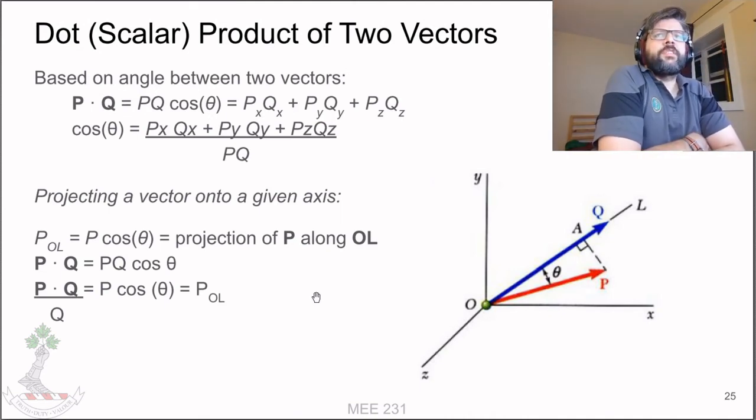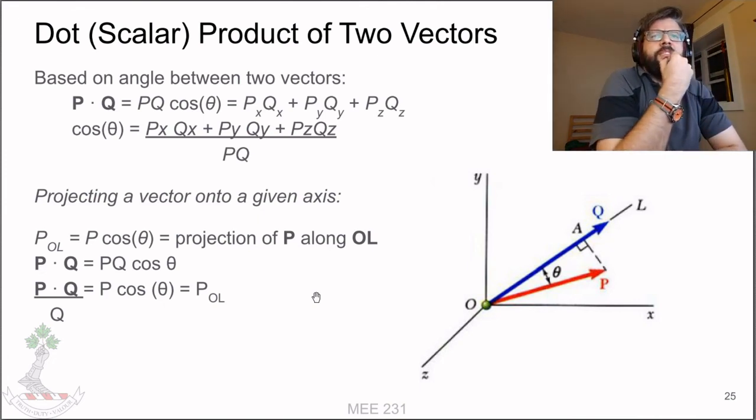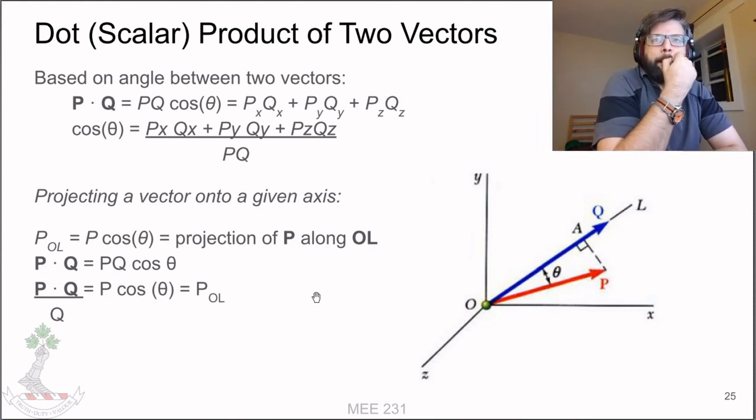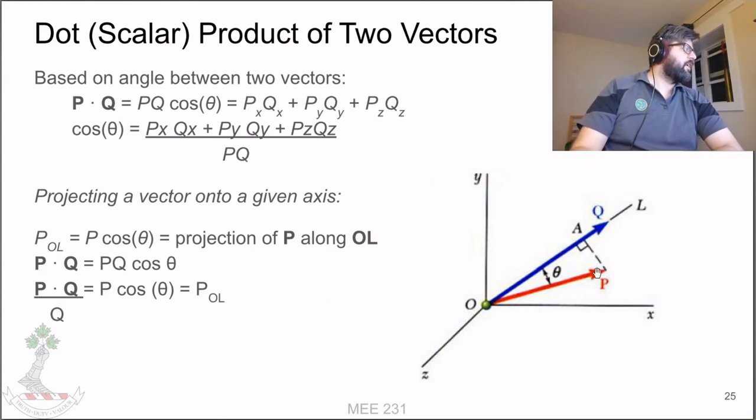So essentially what this allows us to do is project a vector onto a given axis.